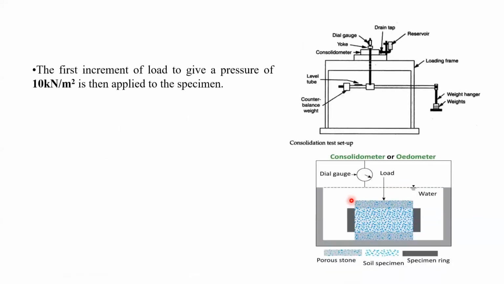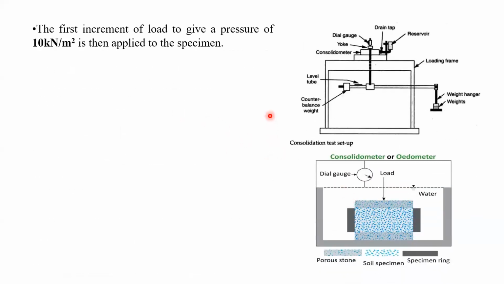Now we can see here what we normally do. For the first increment of load, a pressure of 10 kilonewton per meter square is applied on this hanger. You apply the load here, and load divided by the area of the consolidation ring is nothing but pressure.